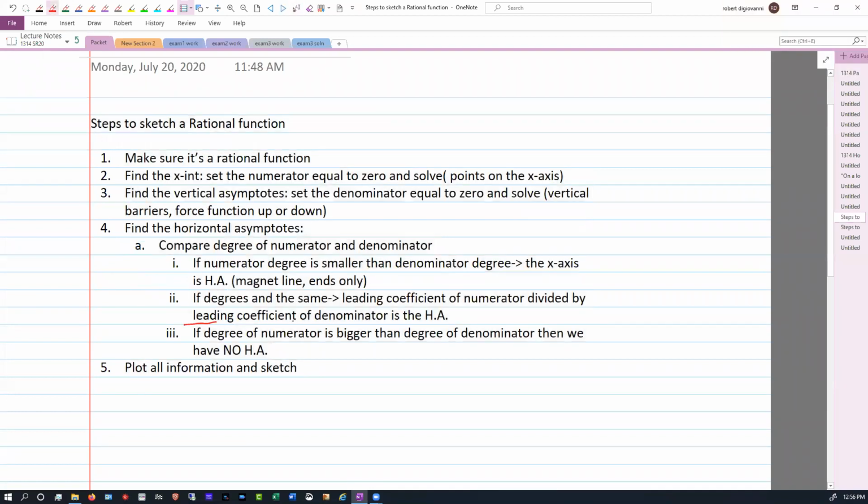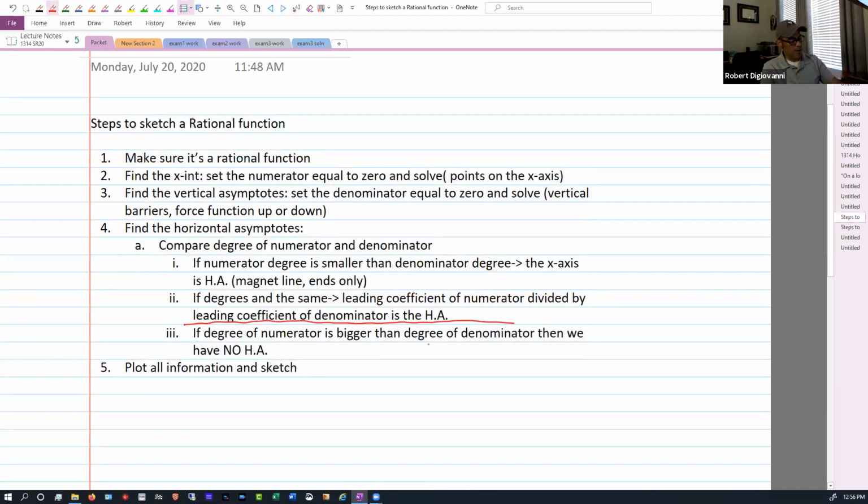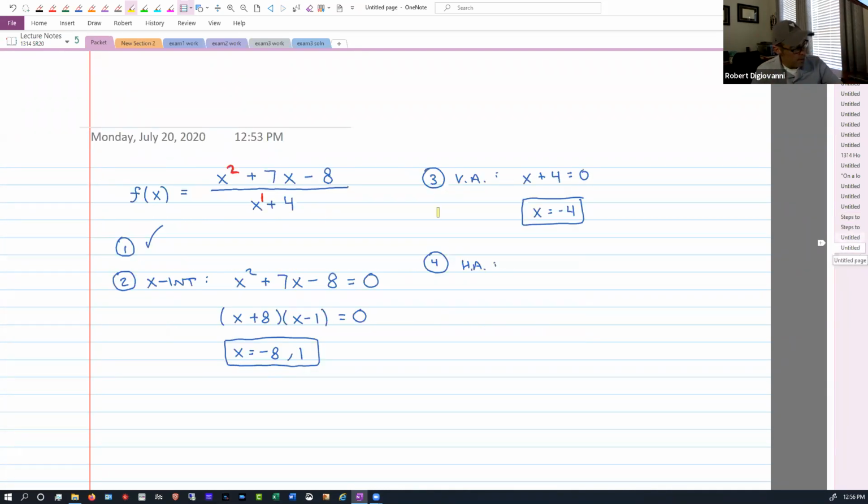If the degree of the numerator is bigger than the degree of the denominator, that's what we have. We have no horizontal asymptotes. What that means is we have no magnets, things pulling our function out at the ends, and you'll see what that's going to mean when we draw it, okay? But we have none. No horizontal asymptotes.